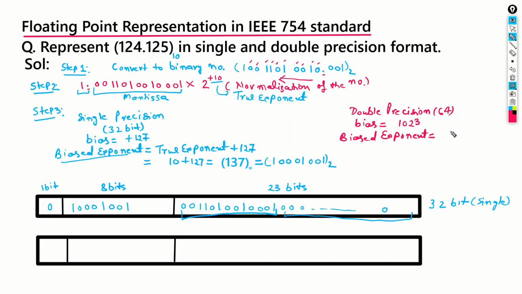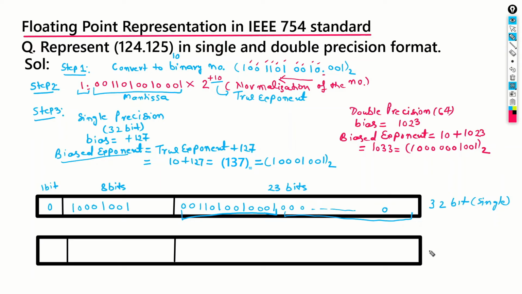This is nothing but true exponent plus bias. True exponent is 10 and the bias value is 1023. So I will get 1033. So I will represent this value in binary. So the value is 10000001001. This is in binary.